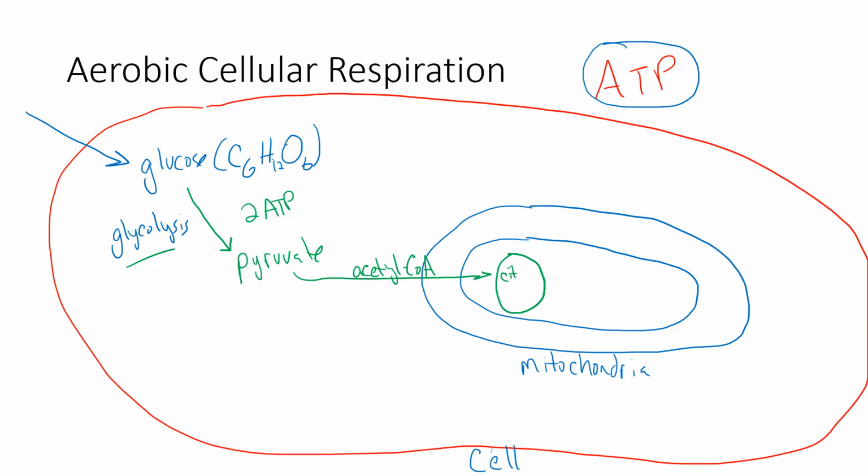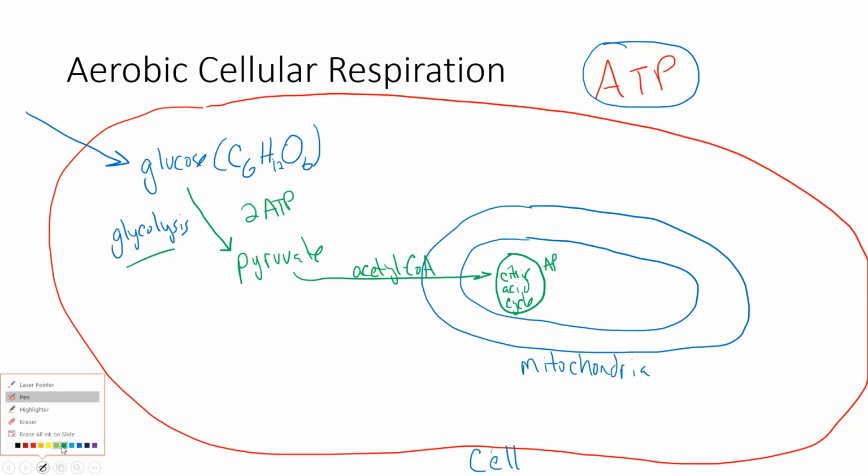So in the citric acid cycle, a little bit more ATP gets made, around 2 more ATP.